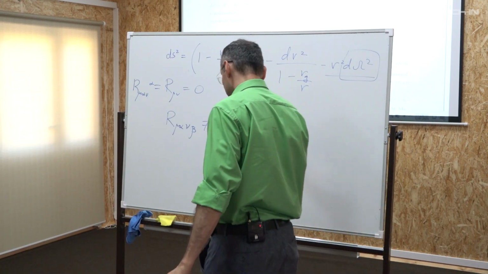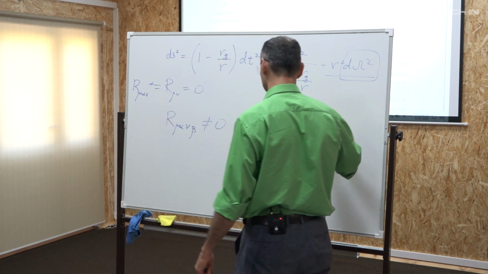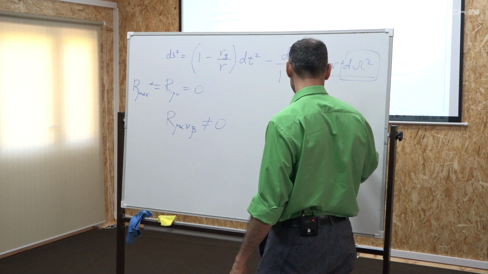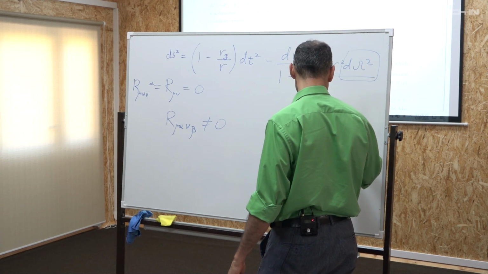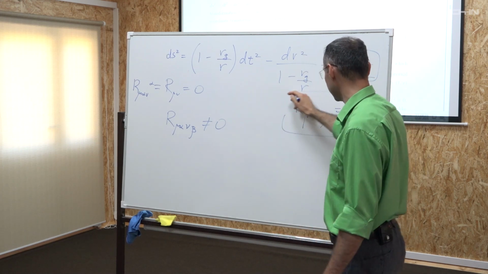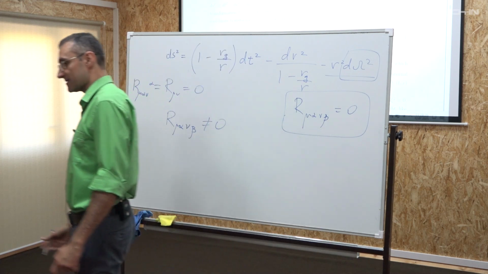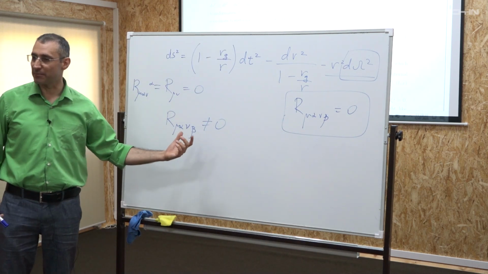Okay, just an important thing, because before that I have been describing to you the situation for the flat space. In the flat space case, Riemann tensor is 0. Not only the Ricci tensor is 0, but Riemann tensor is 0. The flat space is flat. Essentially, this tensor has very simple physics.